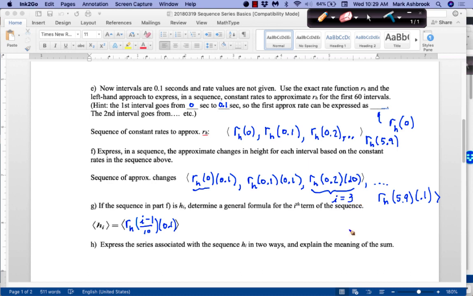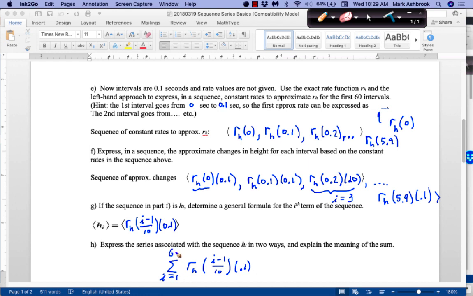Yep. Okay, so what's the series? In 2 ways. It would be adding these up one by one, and then this summation notation of R sub h, I minus 1 over 10, times 0.1, and then I equals 1 to 60.